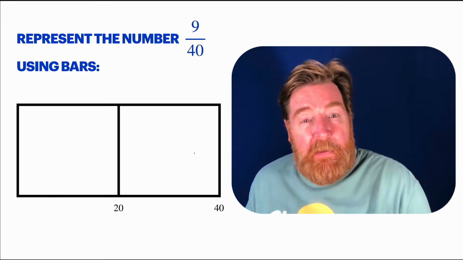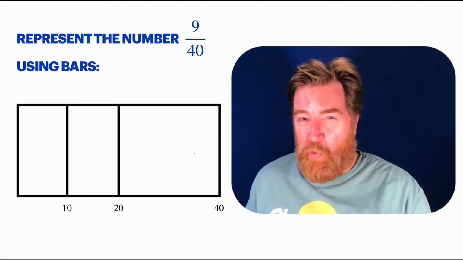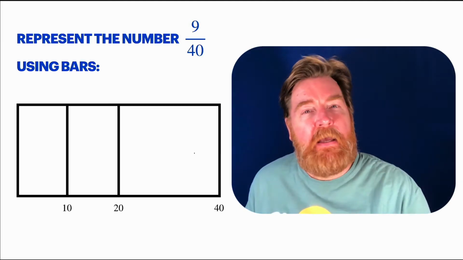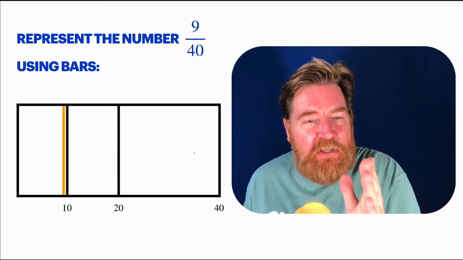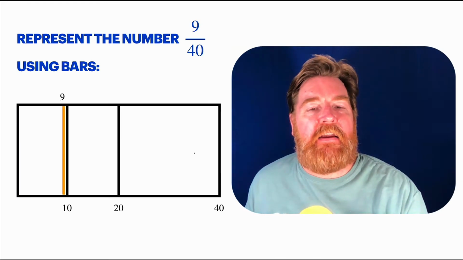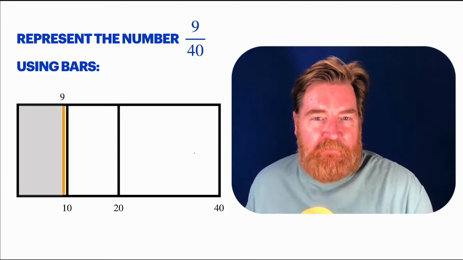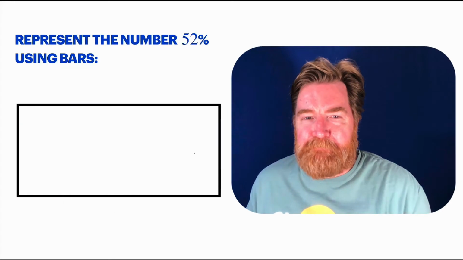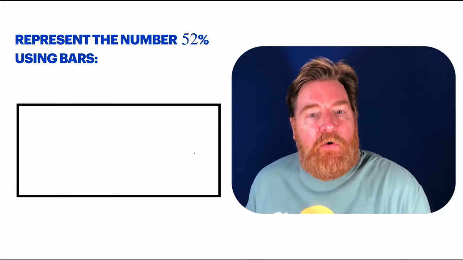I'm going to go half again, because that's where the 10th piece would be. And look what we're trying to represent: 9/40. So 9 should be just inside that 10 there. And I'm going to color all the way up to that 9th piece. Looking good? That's benchmarking.